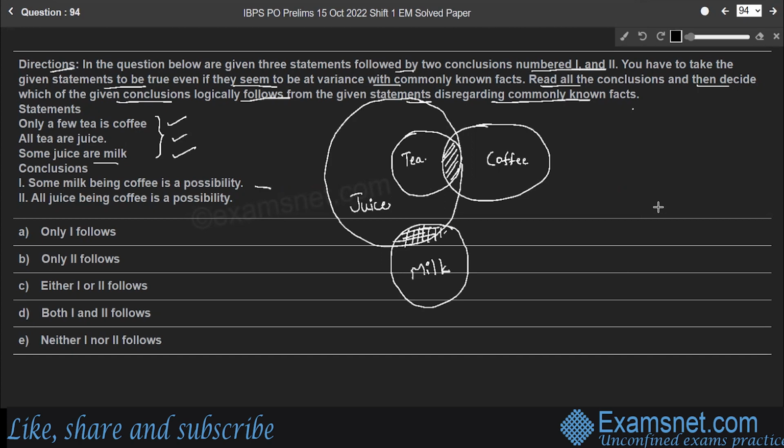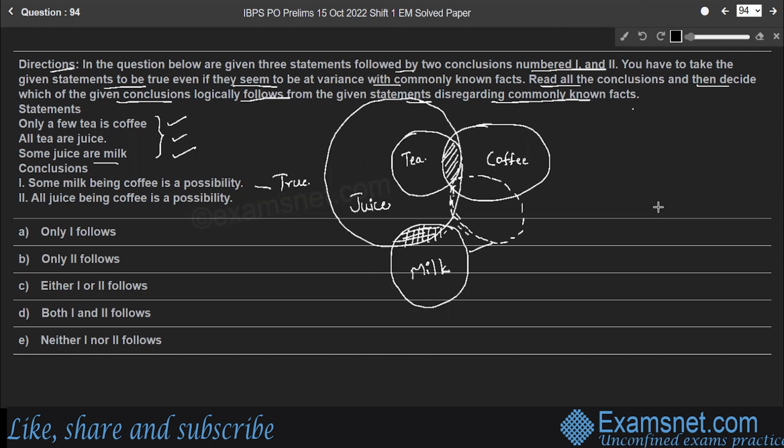Now look at the conclusions. Here, the first one, some milk being coffee is a possibility. Yes, it is true. Because if the set of milk is here, so that some juice are milk, right? So the portion of juice can be anywhere in the set, right?